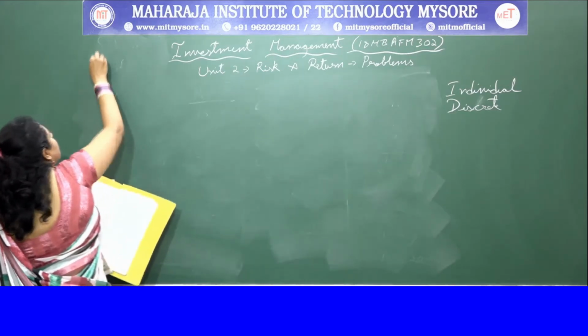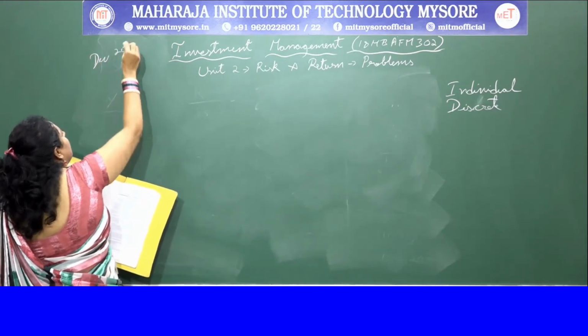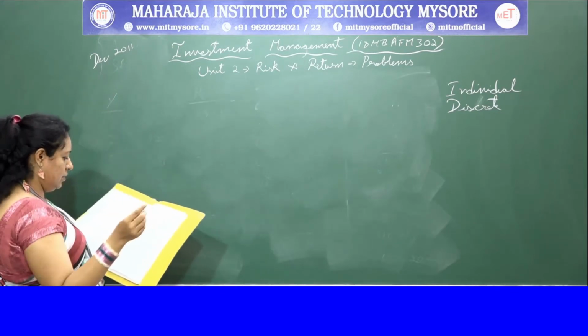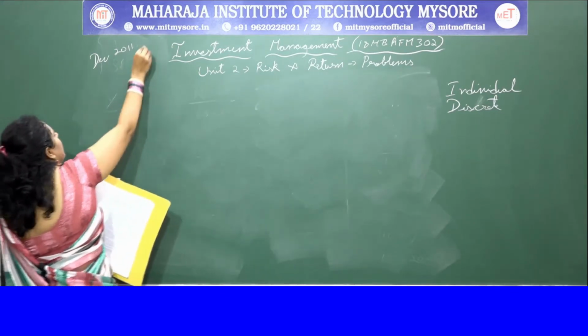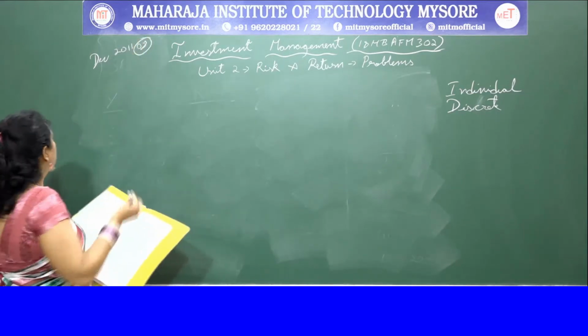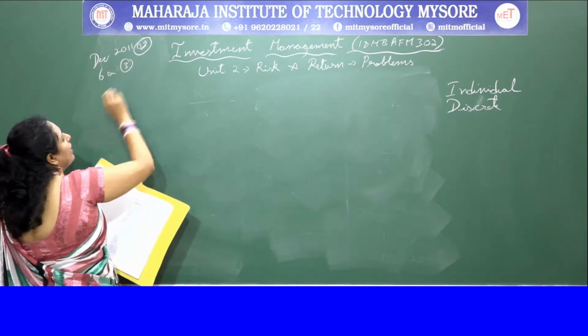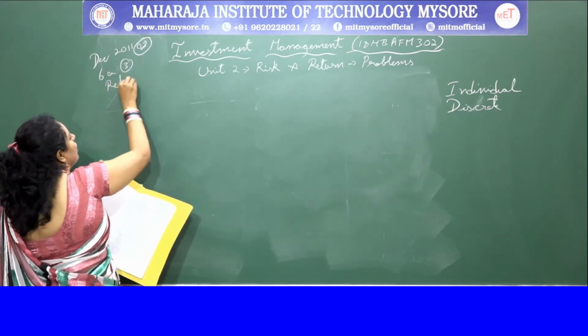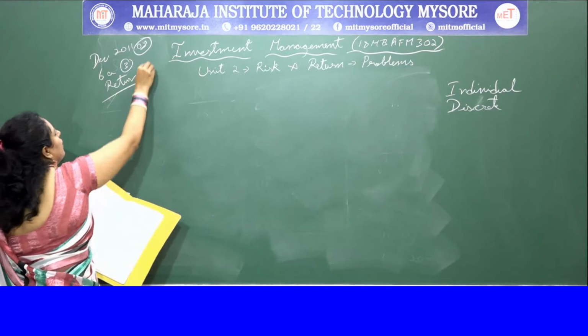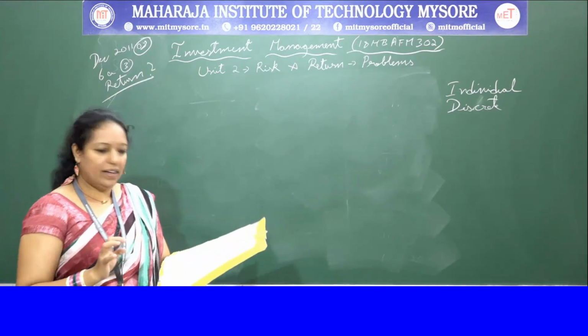So this problem is a December 2011 problem. This is 08 scheme, and the question number is 6A, 3 marks, and they've asked us to find out the expected return.